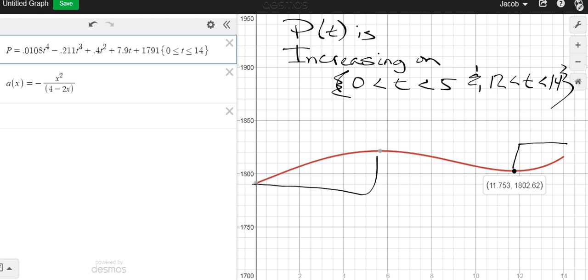Oh, what is the maximum population between 1990, when t equals 0, and 2004, when t equals what? Look in your book. How does t change?